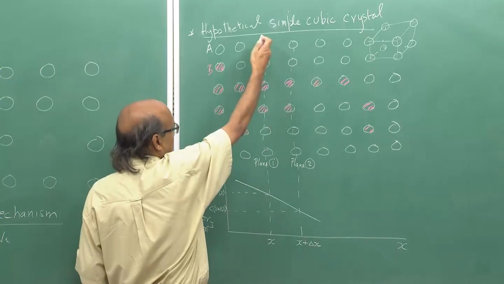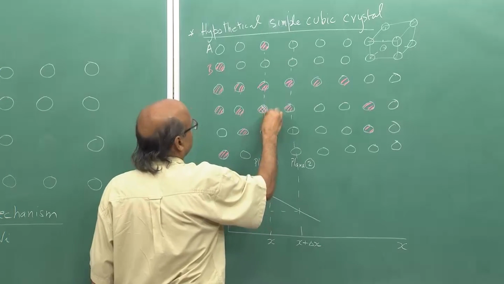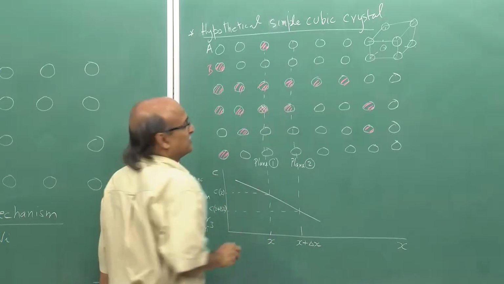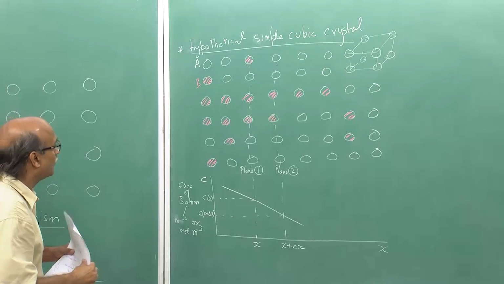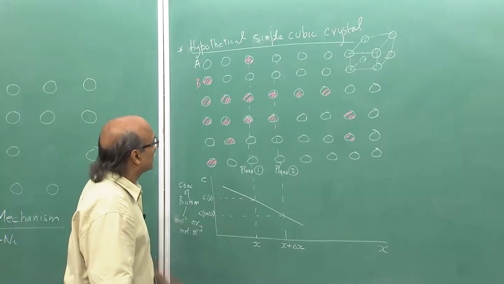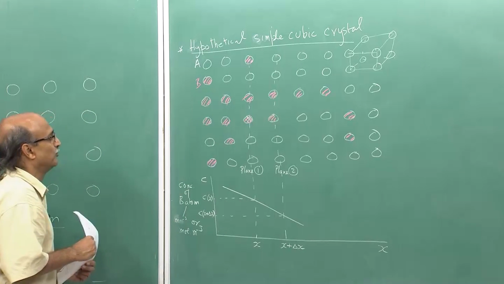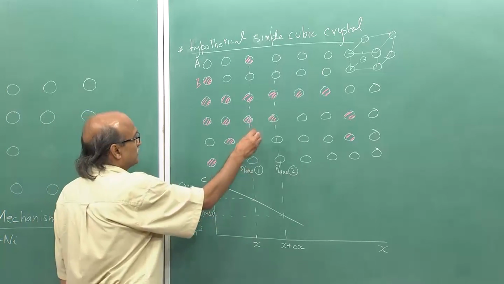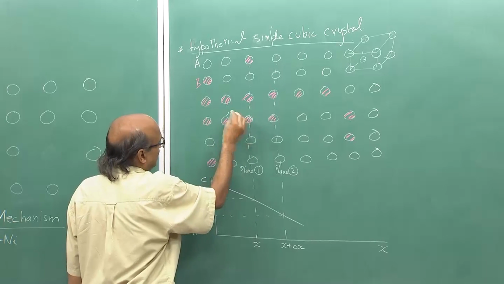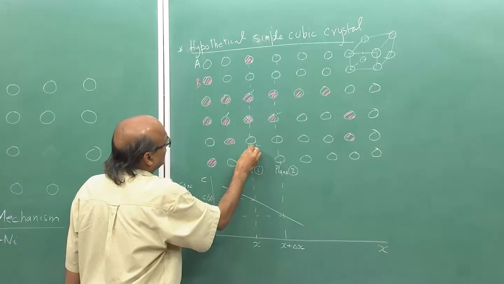Now, consider any atom on plane 1. For example, suppose I consider this atom. In which directions can it jump? How many directions are possible for it to jump? So, one has to look at what are the nearest neighbors of this atom. This being a simple cubic crystal, its nearest neighbors on this plane are these 4 positions.